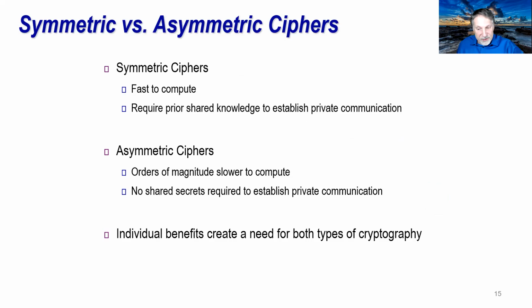Now, asymmetric ciphers are so powerful. Why don't we just use asymmetric ciphers and give these symmetric ciphers the boot? Well, the reality is that asymmetric ciphers are orders of magnitude slower than symmetric ciphers, and their keys are many times larger.